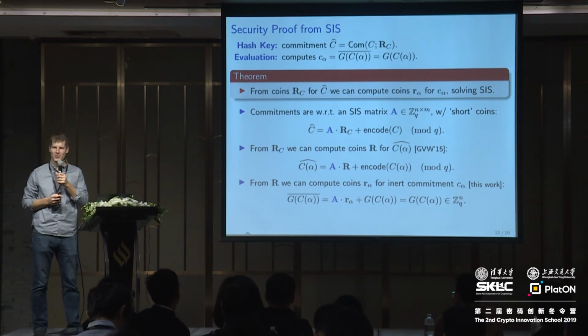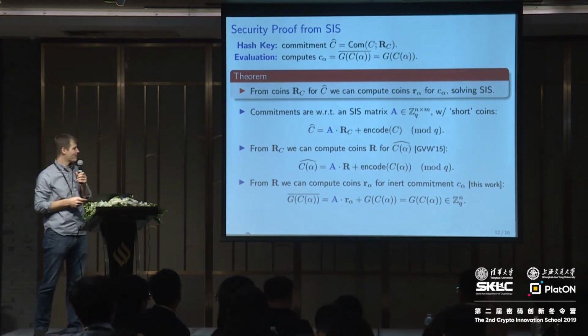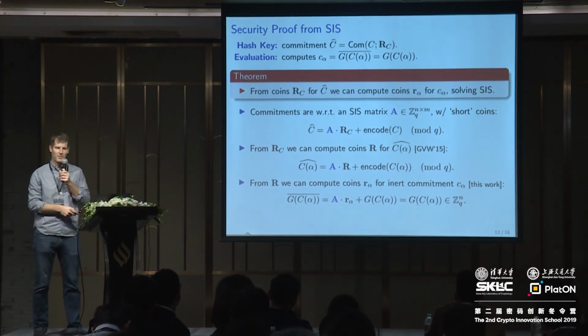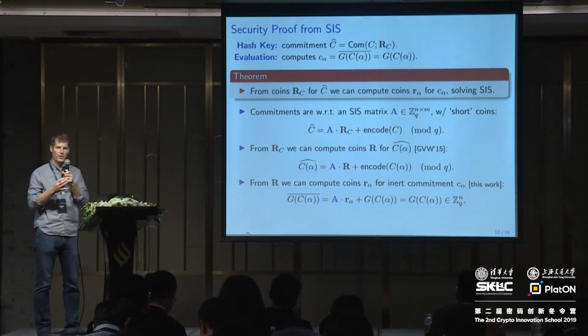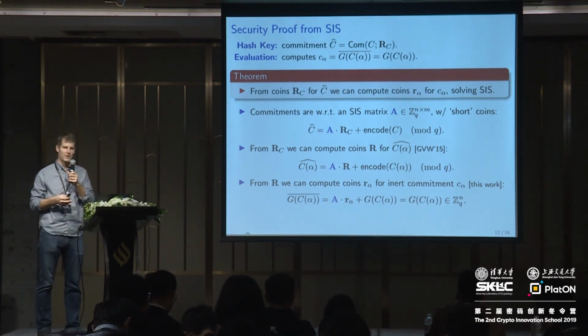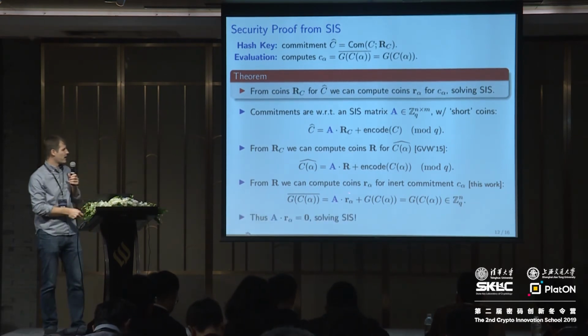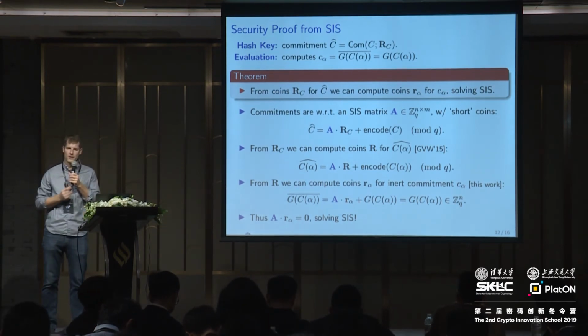Okay, R sub alpha is our solution. How did you get that? Yes, good. Let's just subtract this value from both sides. Then we are left with A times R alpha equals 0. And that's exactly what we want, right? The goal is to find some short vector such that A times that short vector equals 0, and that's what we get. So A times R alpha equals 0, and that indeed is a solution to SIS.